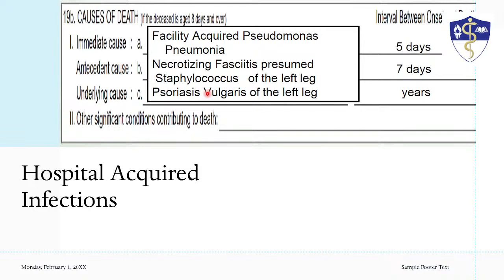If you see that the onset is arranged not by seriousness but by interval, it is known that the pneumonia killed the patient and was identified 5 days prior to the death. Necrotizing fasciitis, another one that contributed, was identified 7 days before, and the psoriasis vulgaris of the left leg was identified years before, so that could be placed as the underlying cause. So that's the explanation for this one.